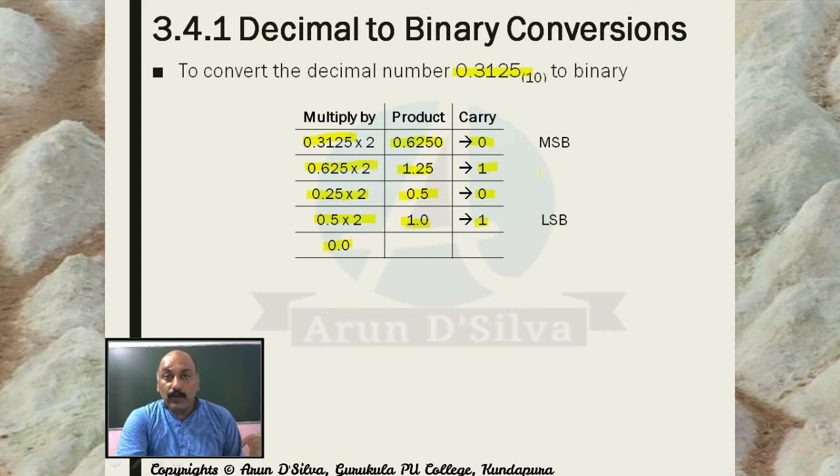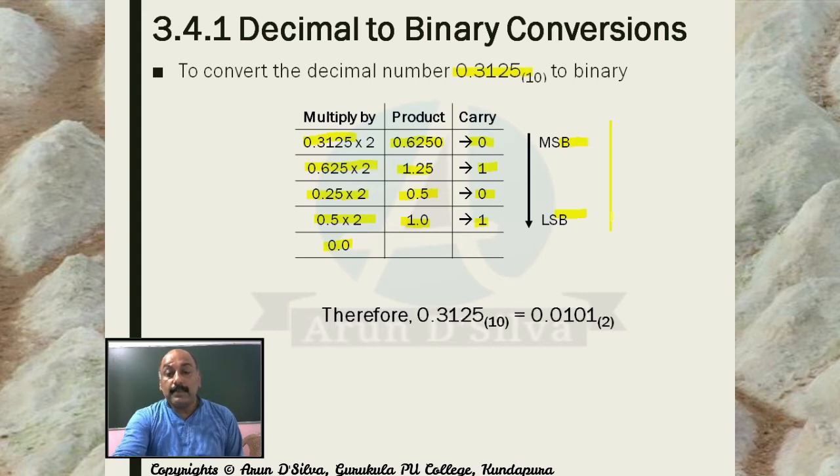Now as I told you in the procedure, the first carry becomes the MSB and the last carry becomes the LSB. So how do we have to read? From up to down. This is the way, from up to down. And the final answer we are noting down.